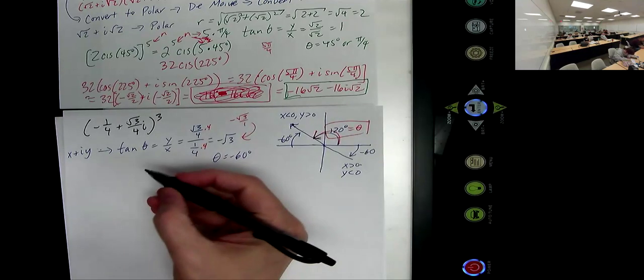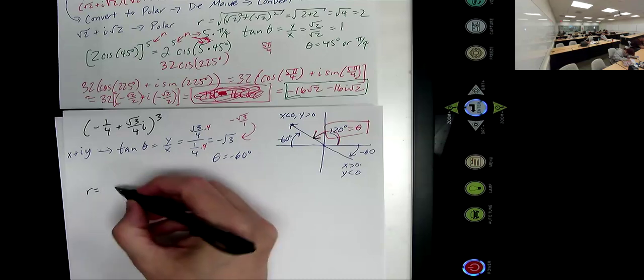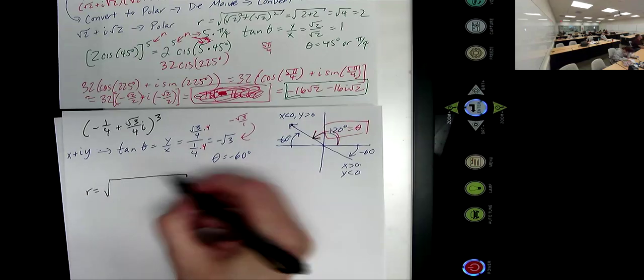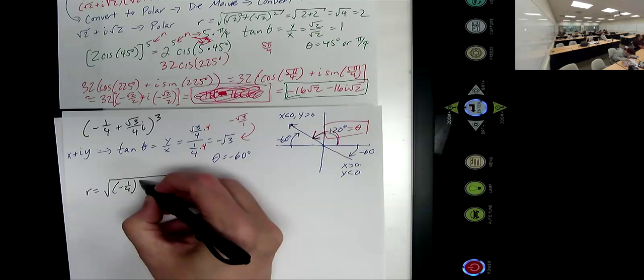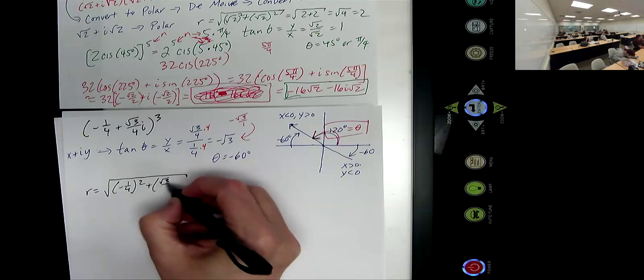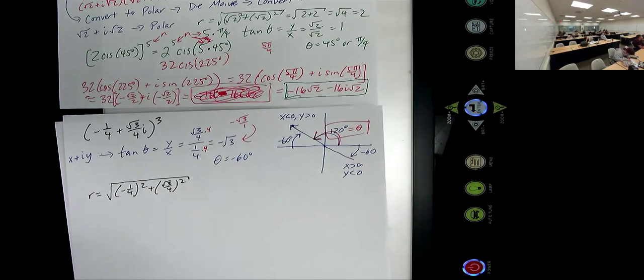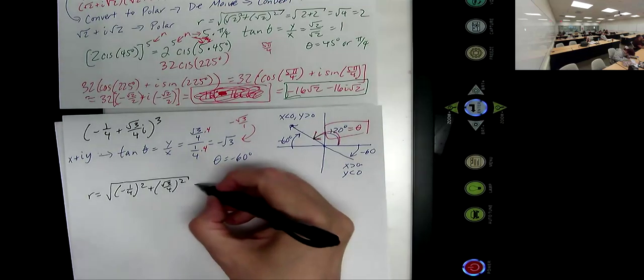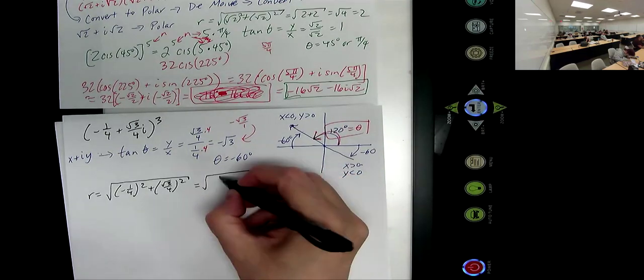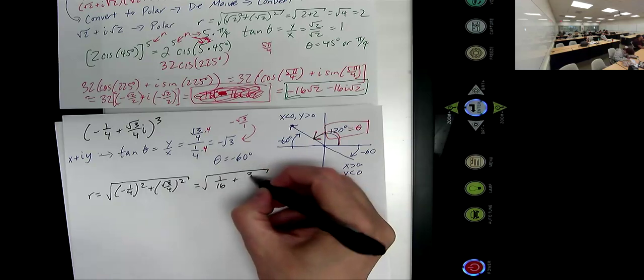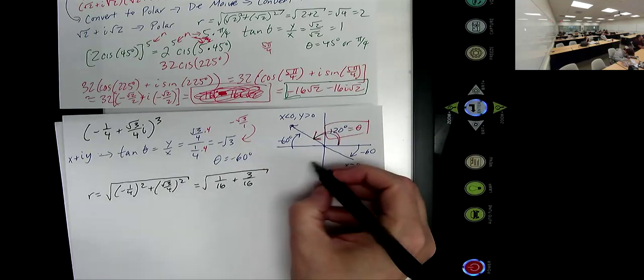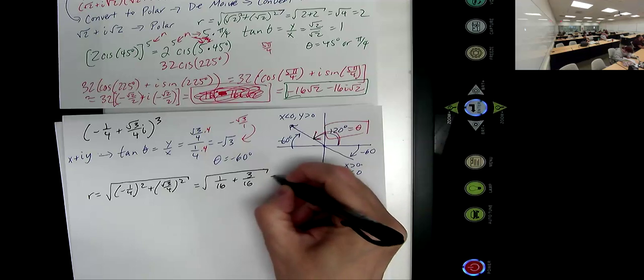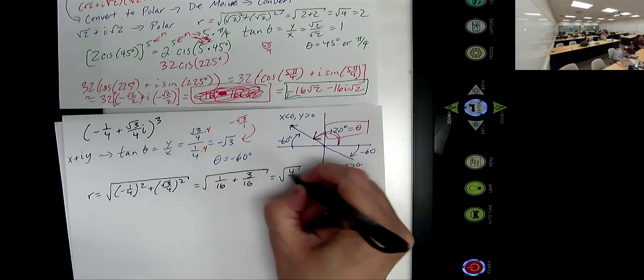Then what about r? This is where you might have some rough times. Negative 1/4 squared plus root 3 over 4 squared is 1/16 plus 3/16, which is the square root of 4/16.